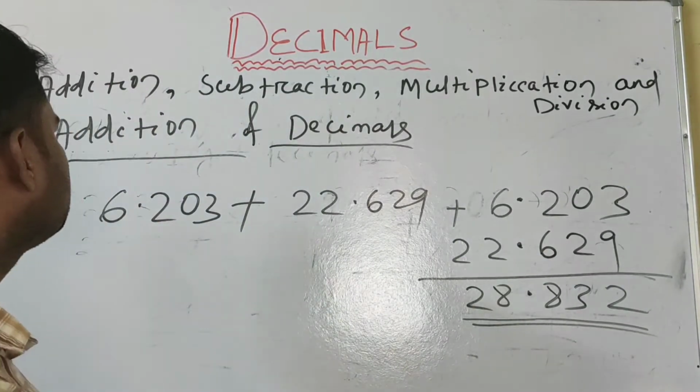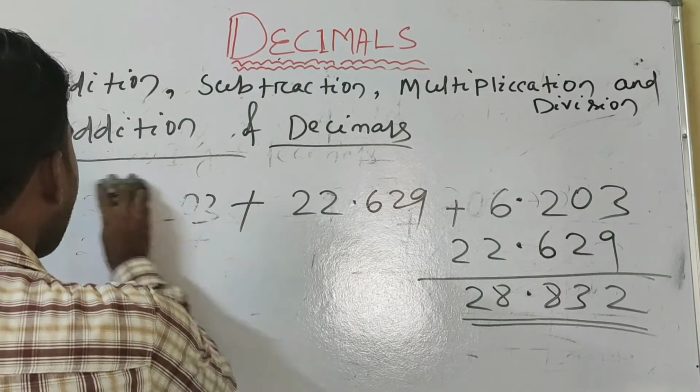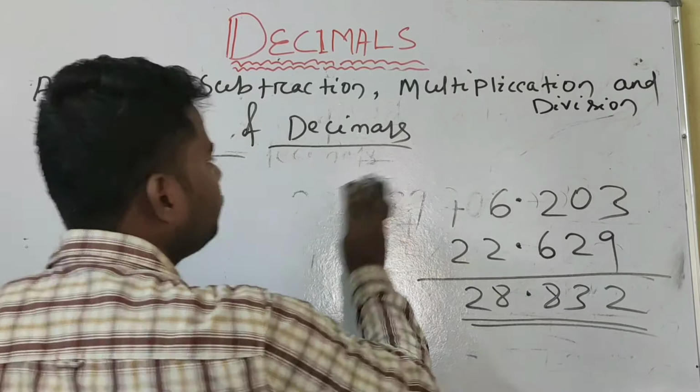28.832. Now we will learn how to subtract decimals.